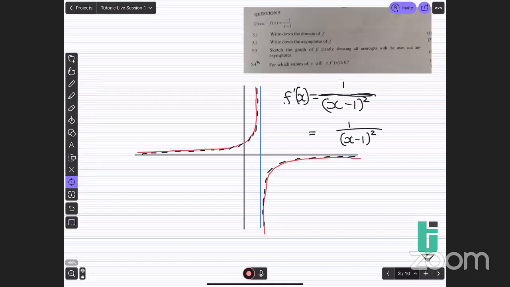Nafisa? Same, I don't know. Do you agree that every number that is squared is positive or not?